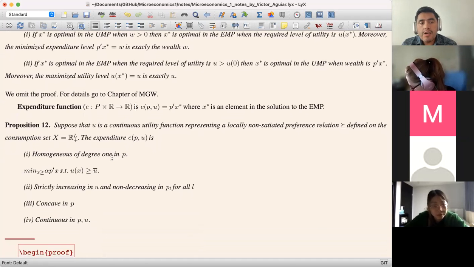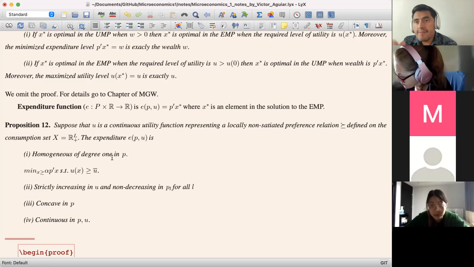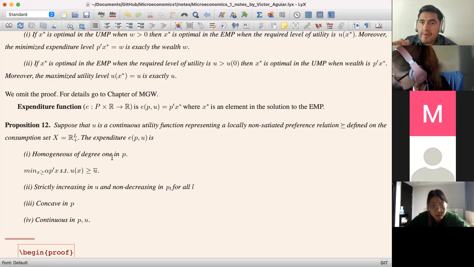Suppose that U is a continuous utility function representing a locally non-satiated preference relation defined on the consumption set X. And then the expenditure E(P,U) is first homogeneous of degree 1 in prices. So why is that? Imagine I scale up prices by alpha, alpha being positive.